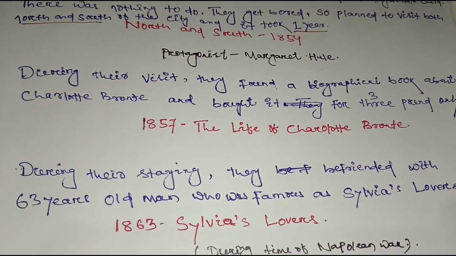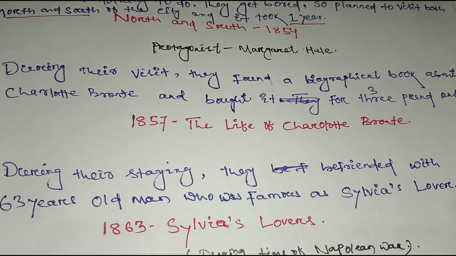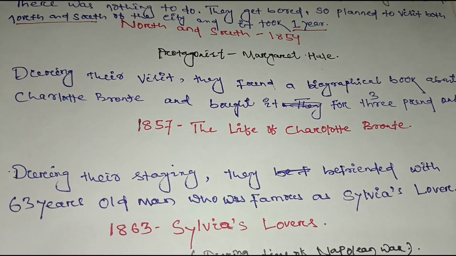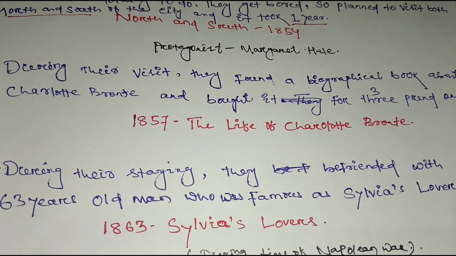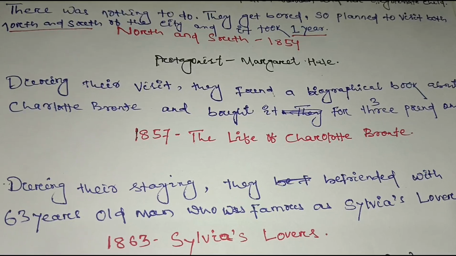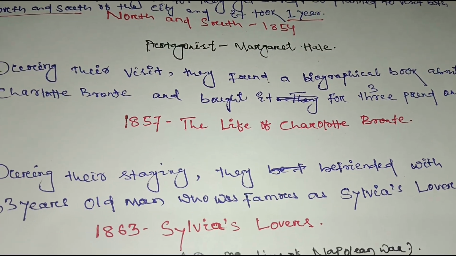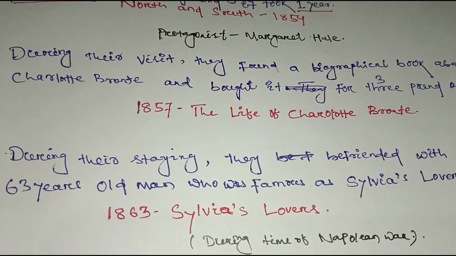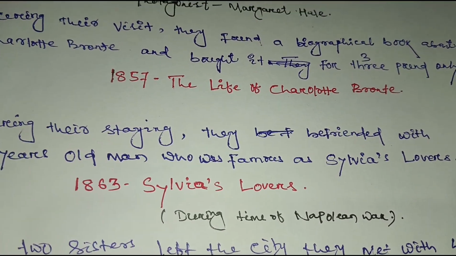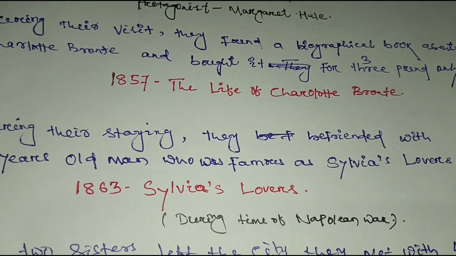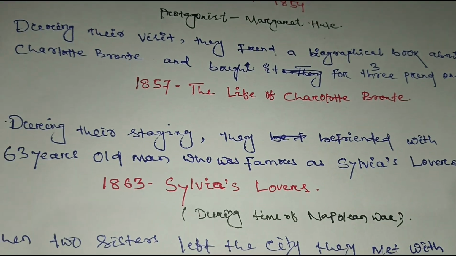There was a man in the city, a very renowned person, and he was known as Sylvia's lover. 63 years old, 1857 is the biographical book The Life of Charlotte Bronte, and 1863 is Sylvia's Lovers. And we have seen the question: which novel is set during the time of the Napoleonic War? That is Sylvia's Lovers.